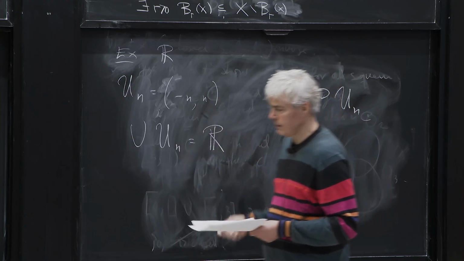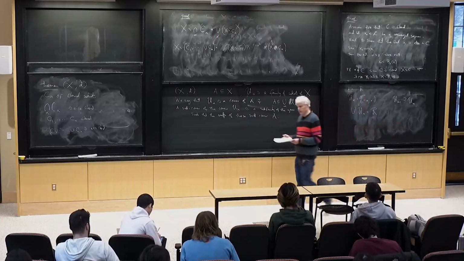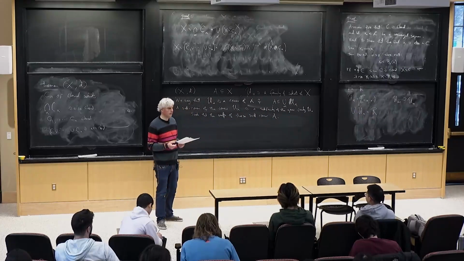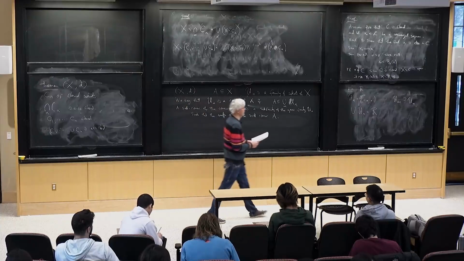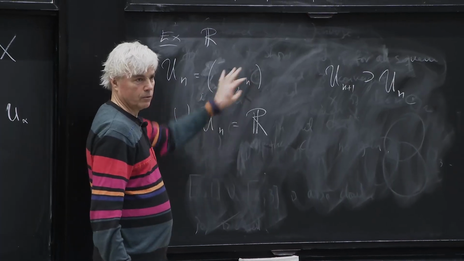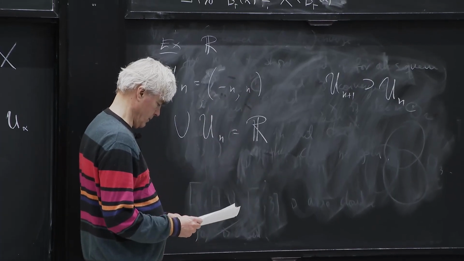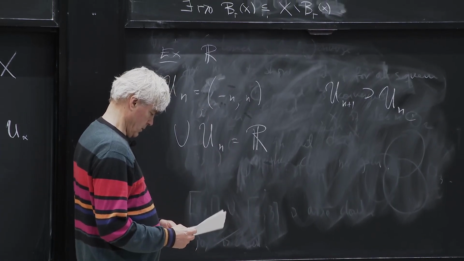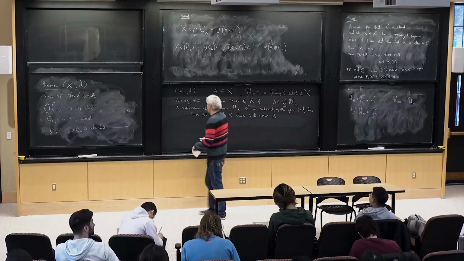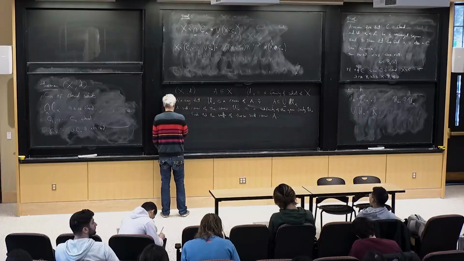But there wouldn't be finitely many of the U_N that would cover; you need infinitely many, because otherwise there would be some sort of last point at both ends. Okay, so that's a cover and a subcover.